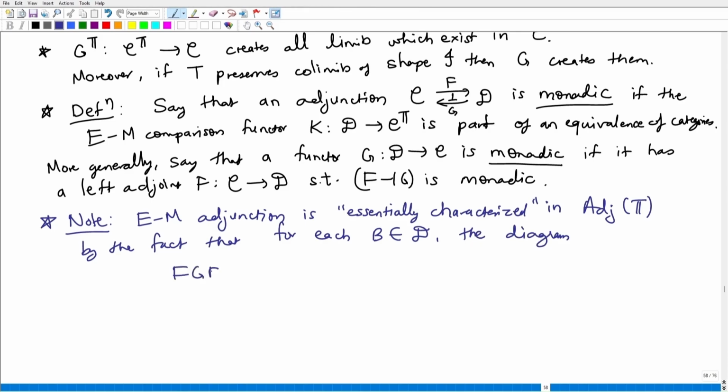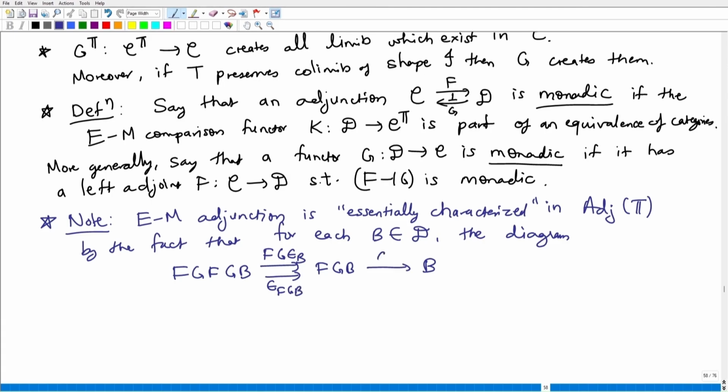okay, let me write this diagram. So on one side, we have too many F and G's, and this can actually be written as a commutative square. One side we have FG epsilon sub B, and the bottom part is epsilon sub FGB.